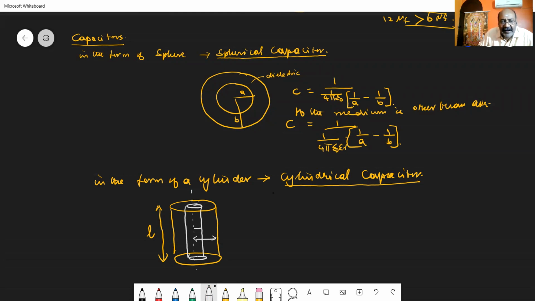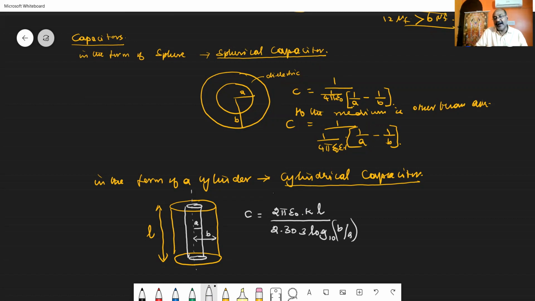Through the center, consider the inner radius as A and the outer cylinder radius as B. Then the capacitance of the cylindrical capacitor, where C is equal to Q by V, is given as C equals 2 pi epsilon 0 K into L divided by 2.303 into log to the base 10 of B by A.